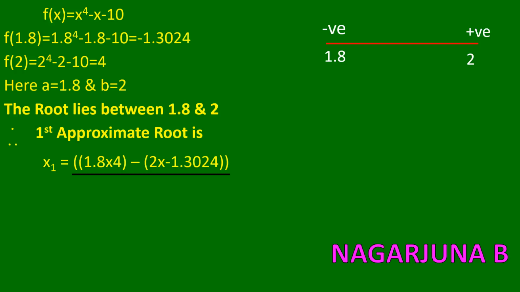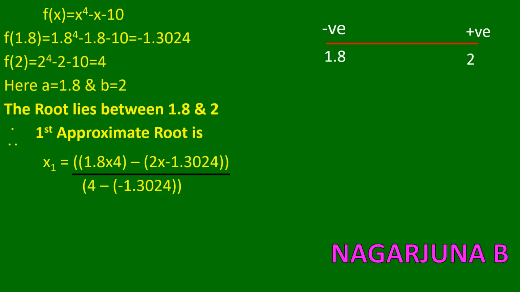So we can write it as, open the bracket, 4 minus, again open the bracket, f of a, which is minus 1.3024, close the bracket, again close the bracket.